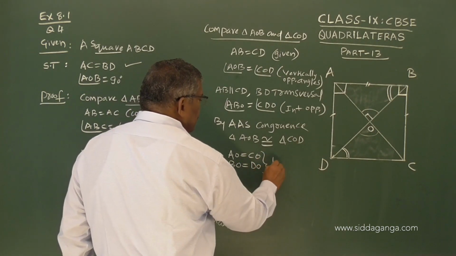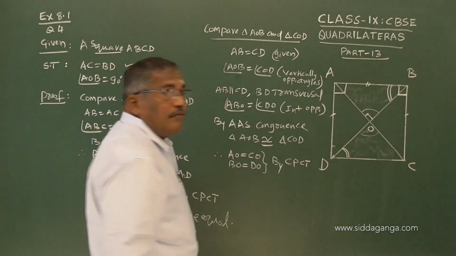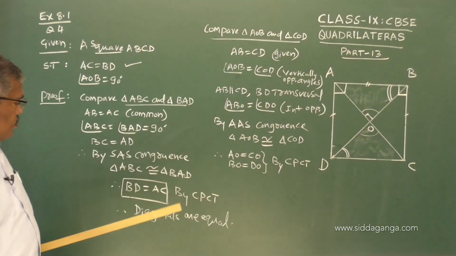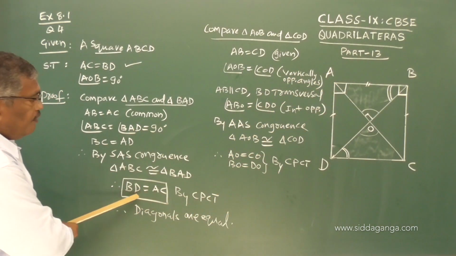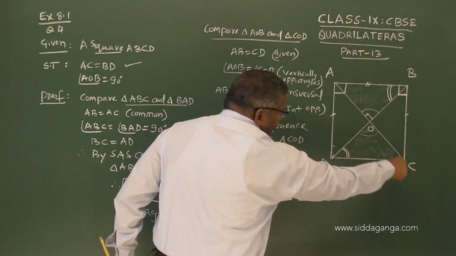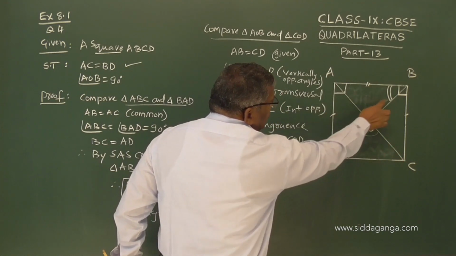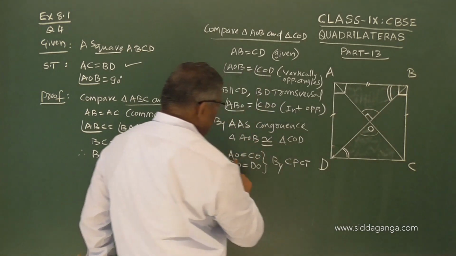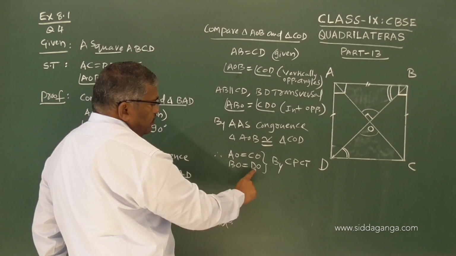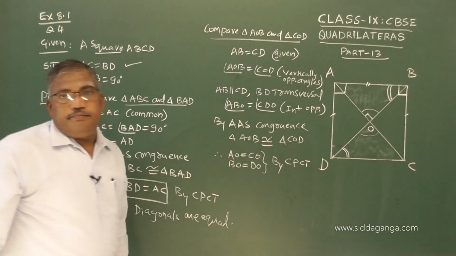So this is by CPCT, and we know that AC is equal to BD, we have proved. So this full length is equal to full length AC. So, therefore, half of this will be equal to half of this. Since these two are equal, all these four will be equal. AO equals CO equals BO equals DO. So all four will be equal.